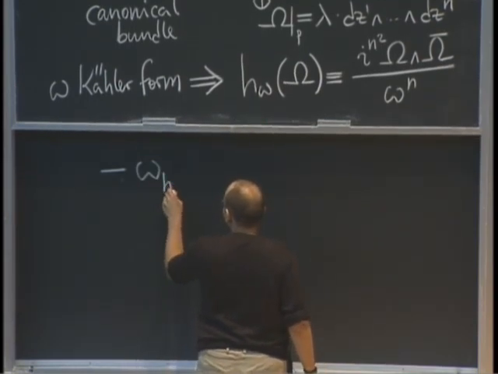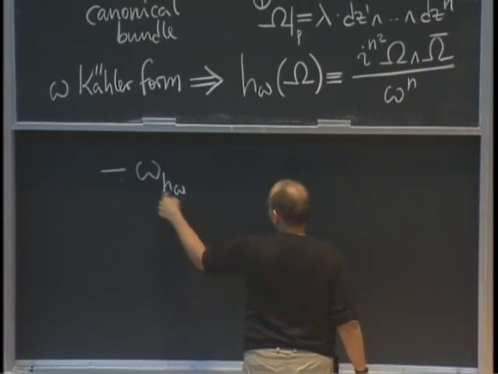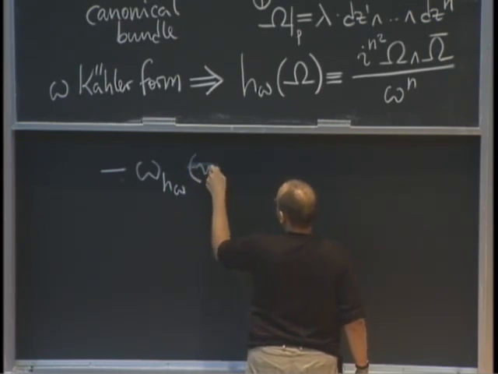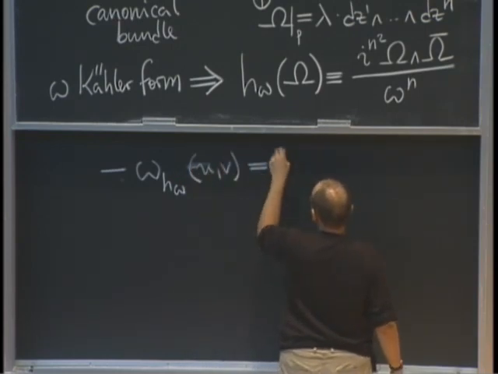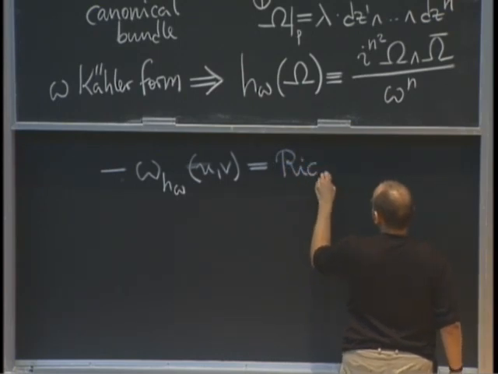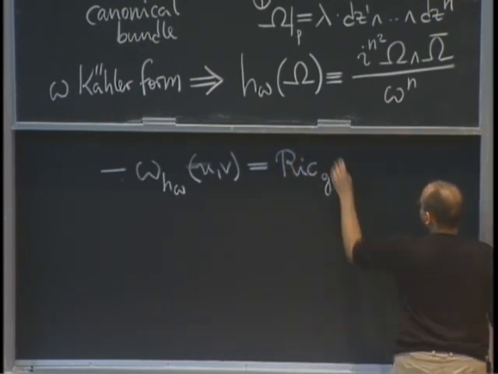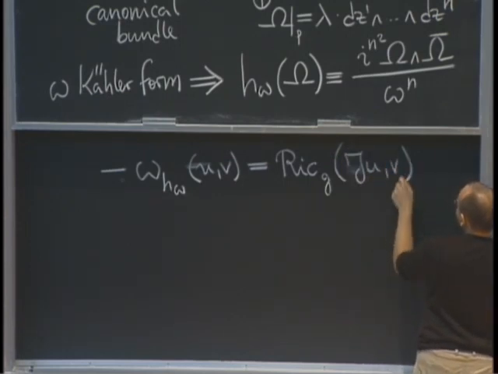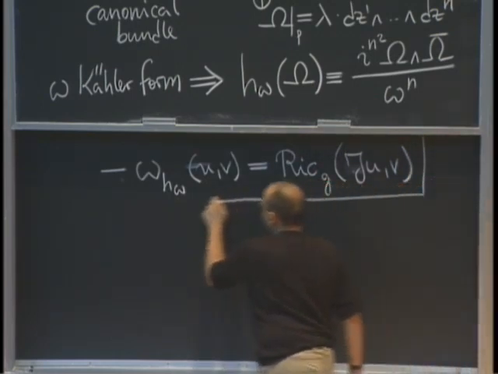So if I take the curvature form of the Hermitian metric associated with the Kähler form, that's just going to be the Ricci curvature of the Riemannian metric associated with the Kähler form evaluated at Ju and V. So that's the main formula.